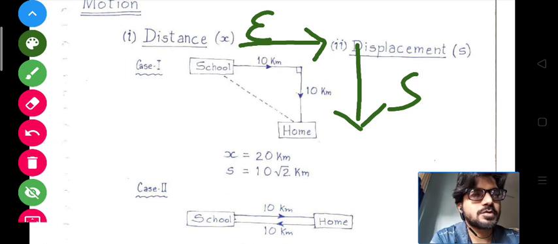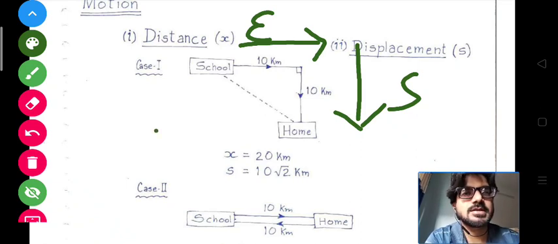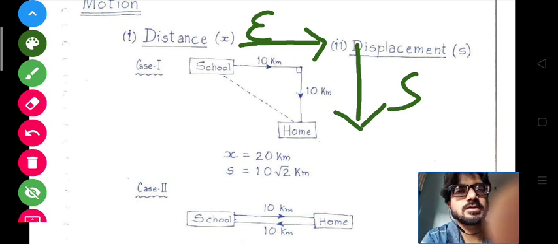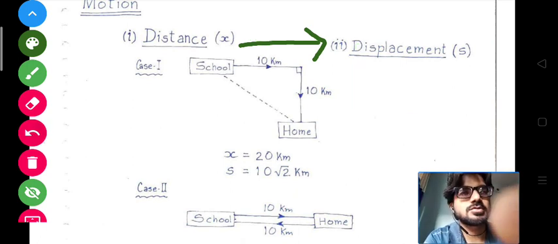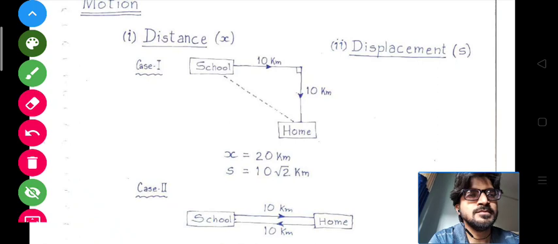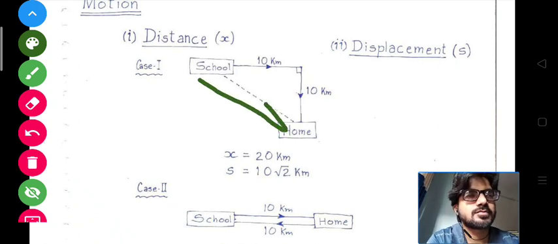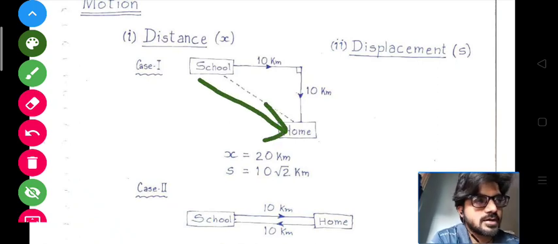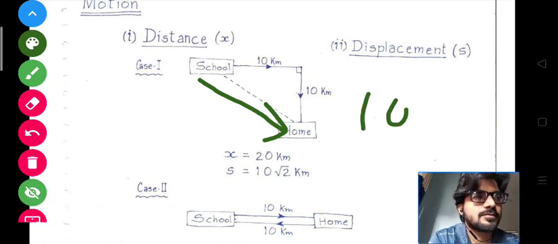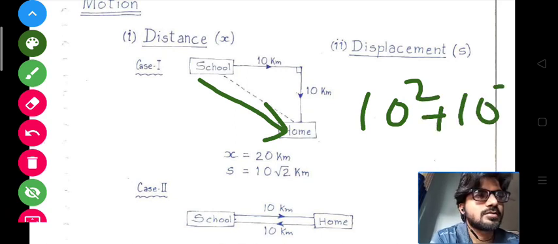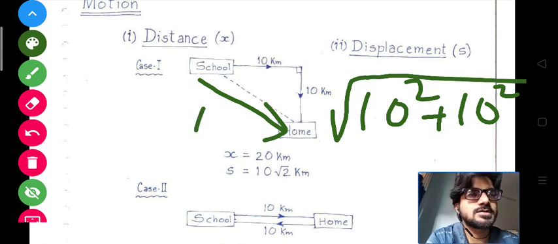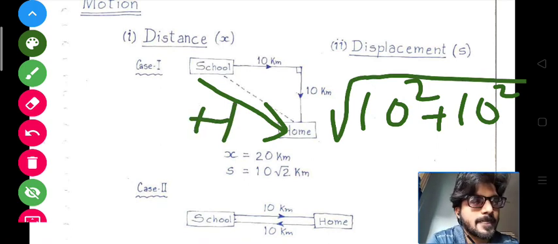But suppose there is a shortcut where you can reach in less time. That direct route you can find using the Pythagoras theorem you studied yesterday. Since it is a right angle, you have the square root of 10 square plus 10 square, which is the hypotenuse.